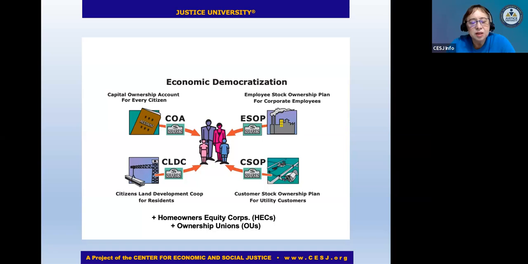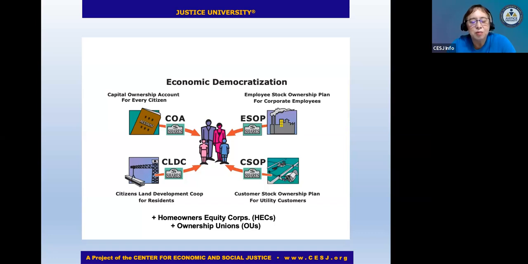And in addition to that, we've developed something called the Homeowners Equity Corporation, which is a way to enable everyone to acquire a home using the mechanisms I'll be describing, but it's a different thing. It's ultimately buying a consumer item, but it's somewhat hybrid because it's using capital finance, and you'll see that it still has to meet certain standards in order for it to work.